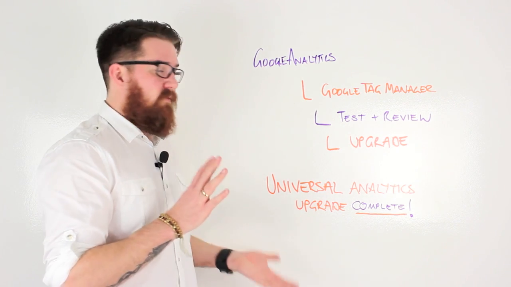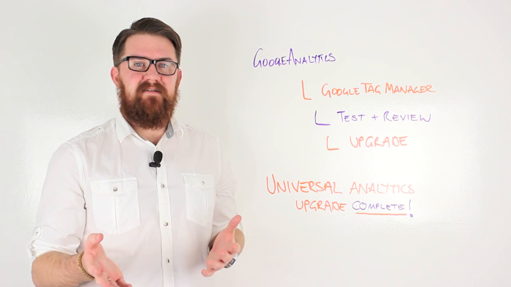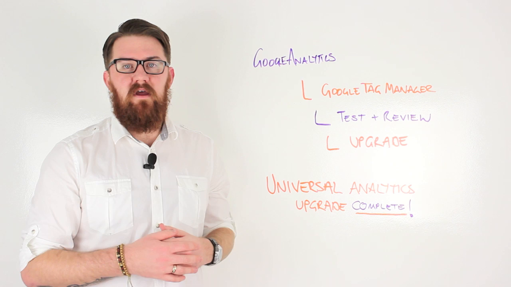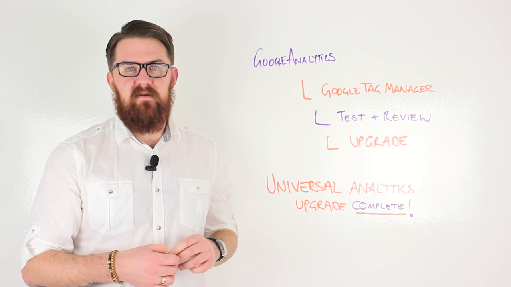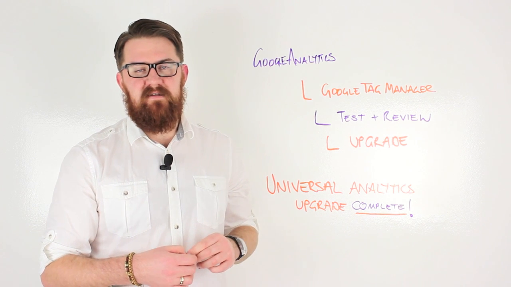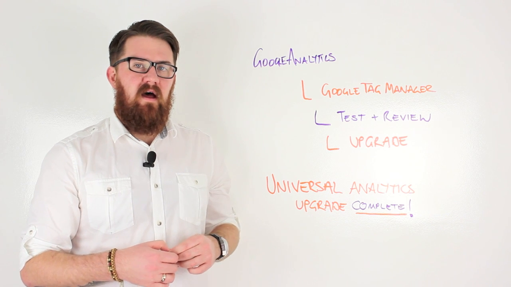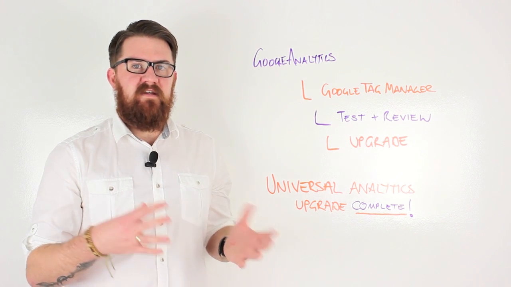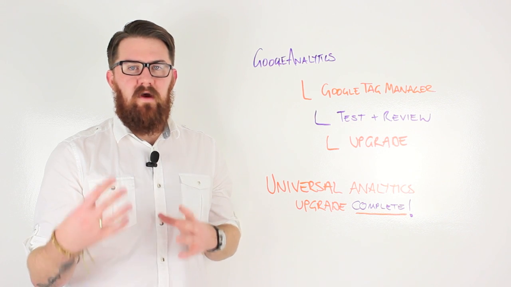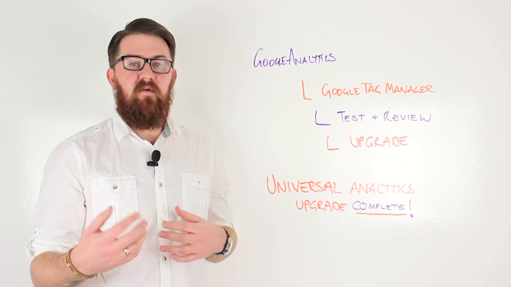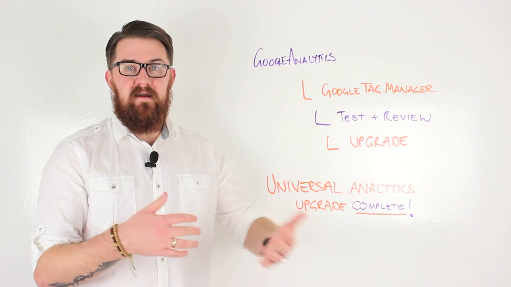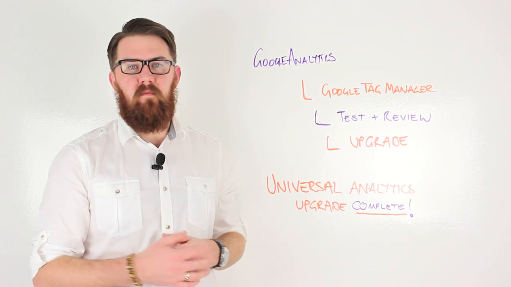So the reason for talking through this today is that at some point in the future Google is going to make Universal Analytics the mandatory tracking mechanism for its analytics solution. So it's a case of testing it out, making sure you're happy with how Universal Analytics is working for your site before then upgrading your legacy analytics to that platform.